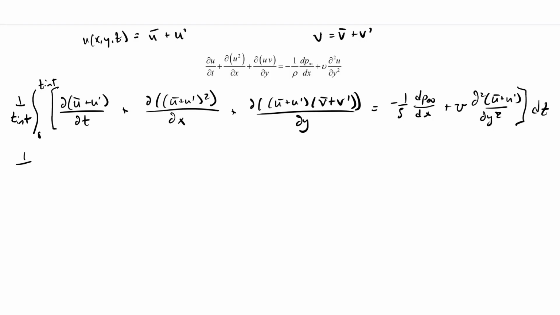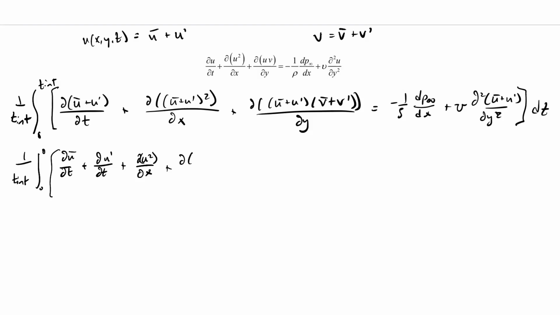It becomes 1 over t int times the integral. So now this is the full integral of, the first term becomes du bar dt, and du prime dt. Then we have a d of u squared dx. You factor that out with that quadratic term.